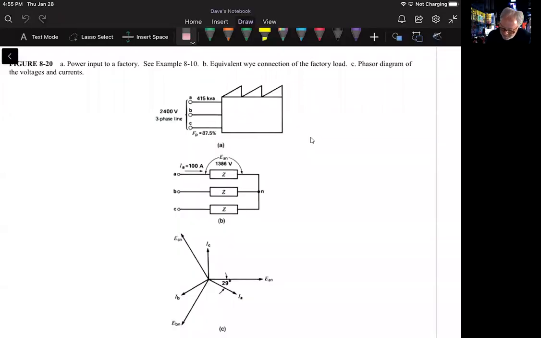Here's an example figure of power input to a factory. These are accurate voltage levels. When we look at figure A, we see a 2400 volt 3-phase line, 415 kVA apparent power per each line.